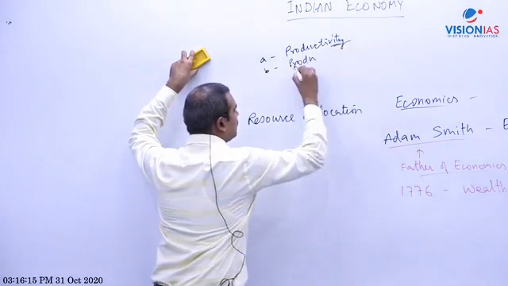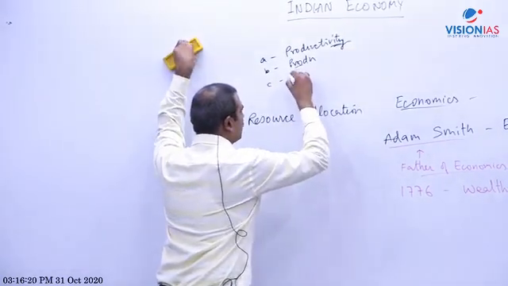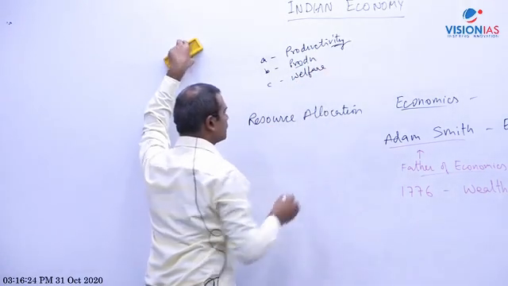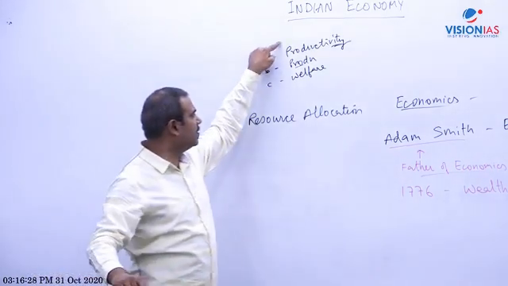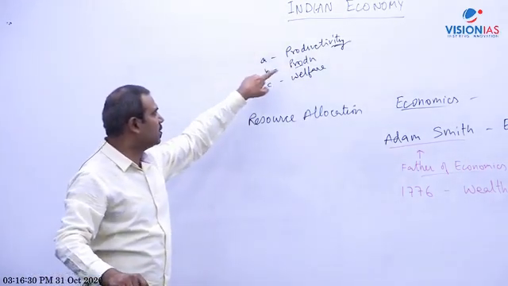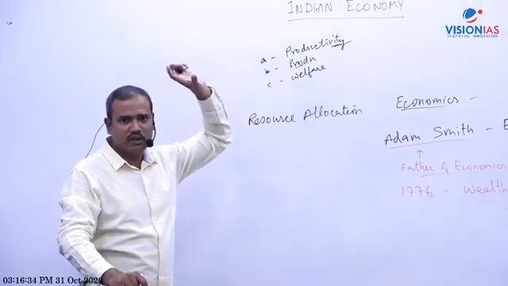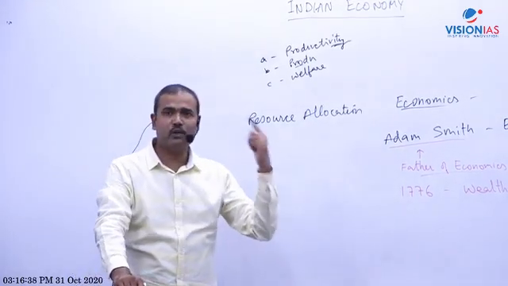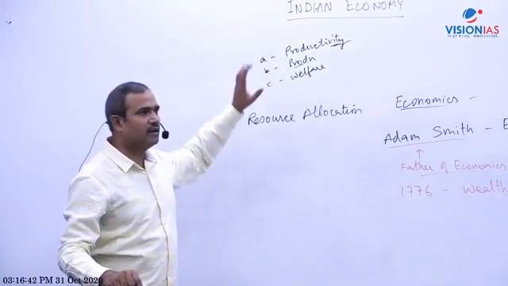And the third thing is welfare, or social welfare. So maximize productivity, or maximize production, or maximize welfare. Out of three options, which one is most appropriate here? Which one do you think is the optimal allocation of resources? Please respond to this.